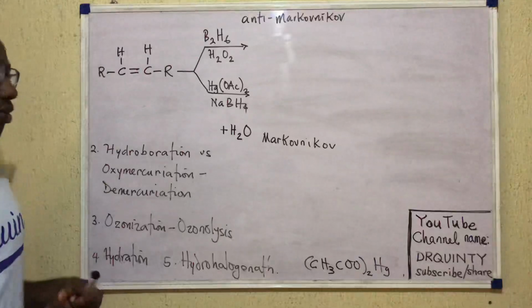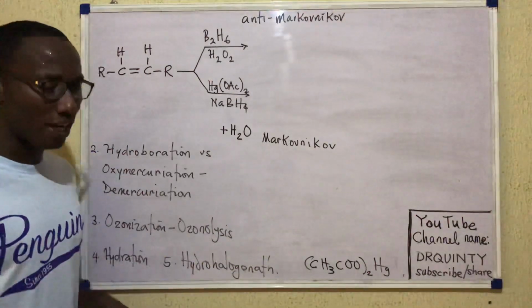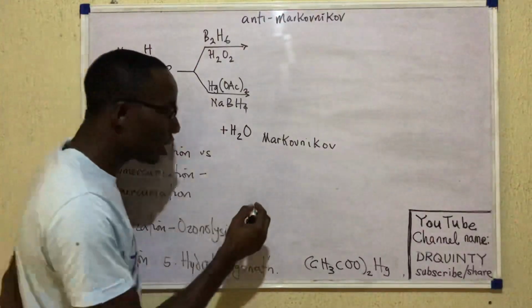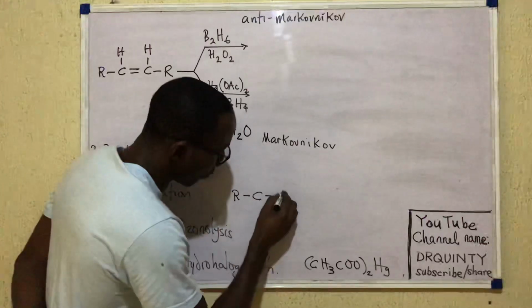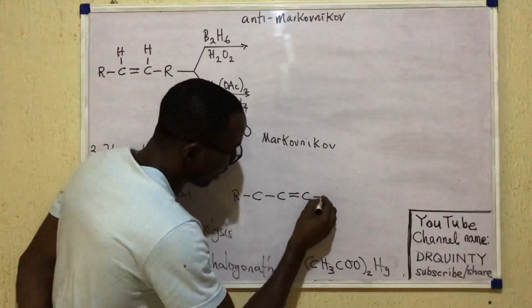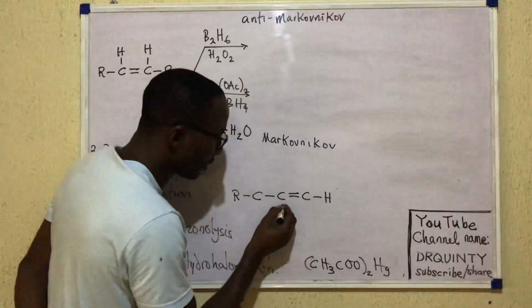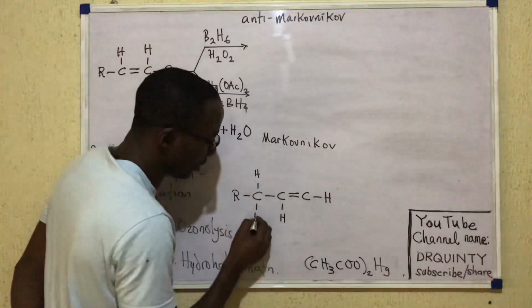Now, what is Markovnikov's rule? I'll state it simply here before I complete the reactions there. Markovnikov's rule is something like this. It says, if you have an alkene that is asymmetrical, look at this alkene for example. This alkene is asymmetrical. What does it mean to say that this alkene is asymmetrical?